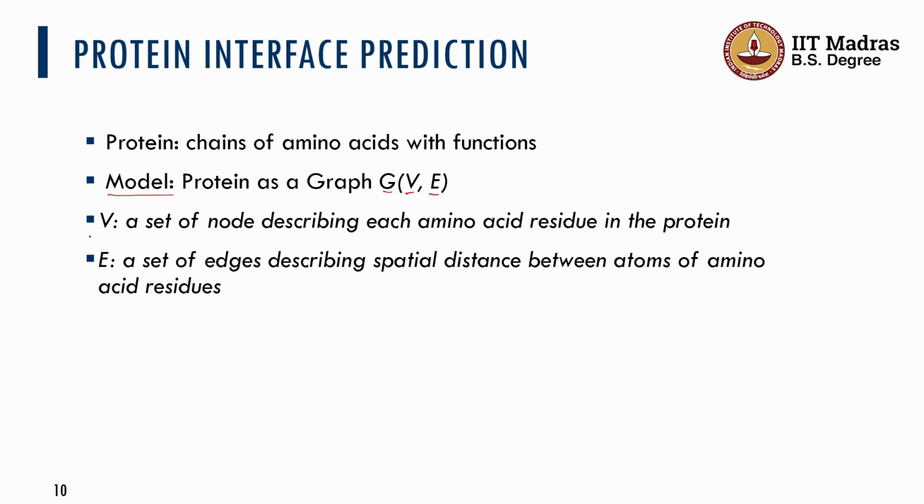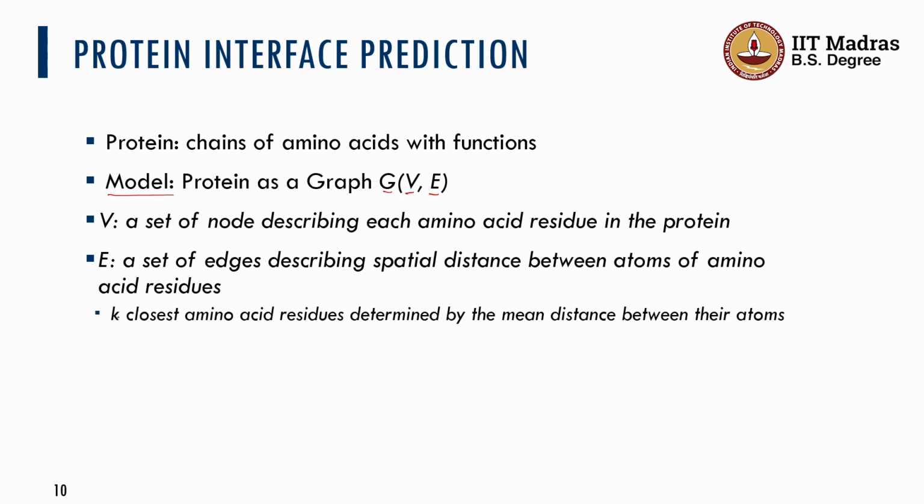E describes a set of edges describing the spatial distance between atoms of amino acid residues. Typically, we take the K closest amino acid residues, determined by the mean distance between their atoms, and construct the edges between the atoms of those amino acids.